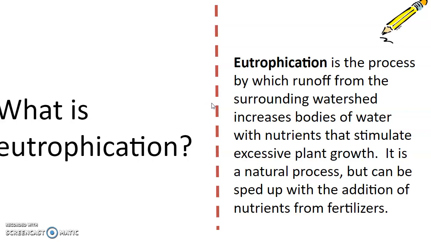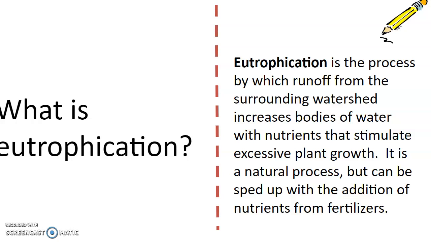So now we're going to go into these concepts of different forms of pollution. Eutrophication is the process by which runoff from the surrounding watershed enriches bodies of water with nutrients that stimulate excessive plant growth. You might have heard of this with algae, for example, in ponds or in lakes. This is a natural process, but it can be sped up with the addition of nutrients from fertilizers.